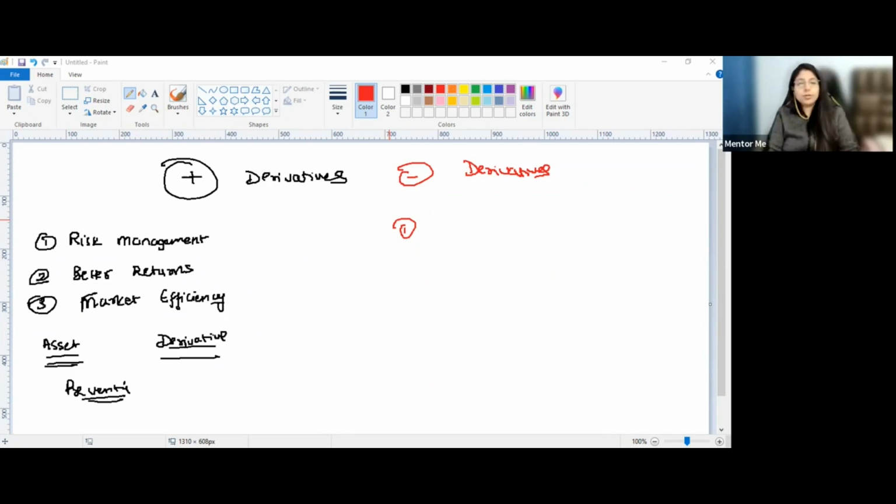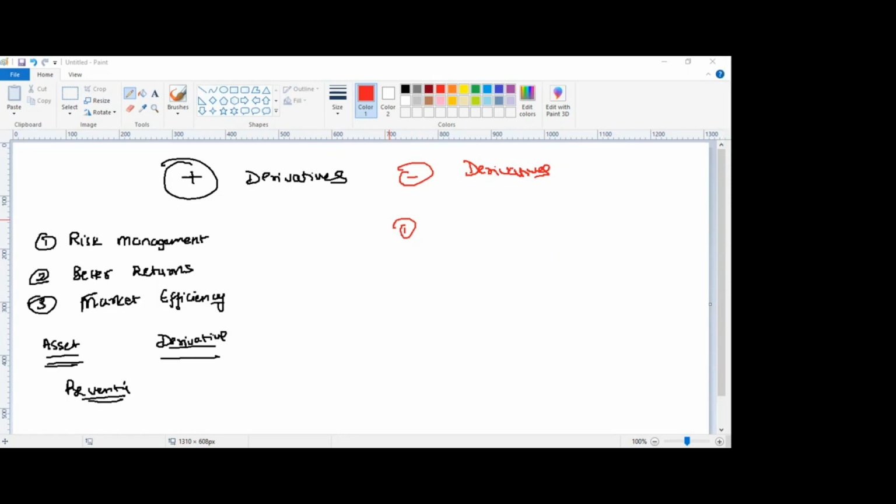So we were talking about the minus or the negative points of derivative contracts, right? What are the negative points of derivative contracts?